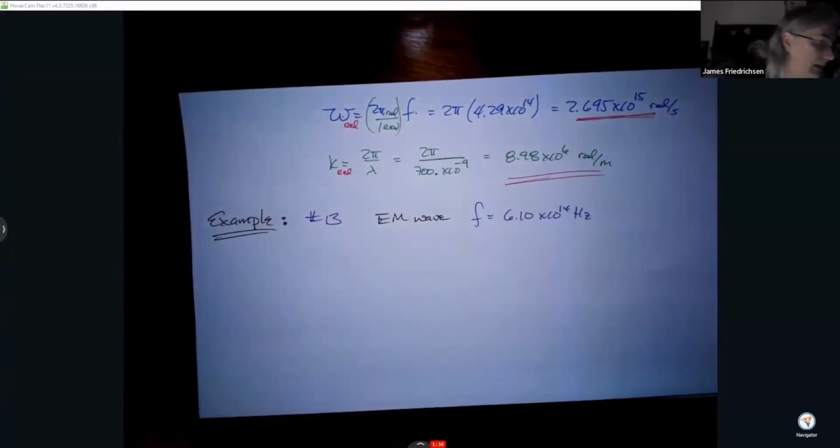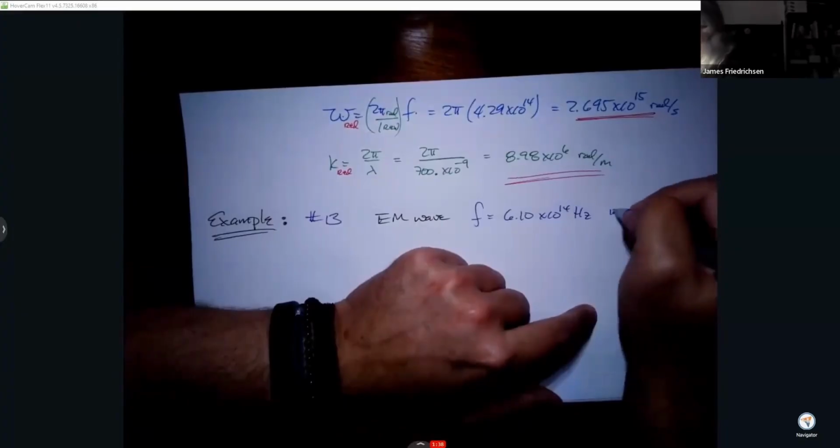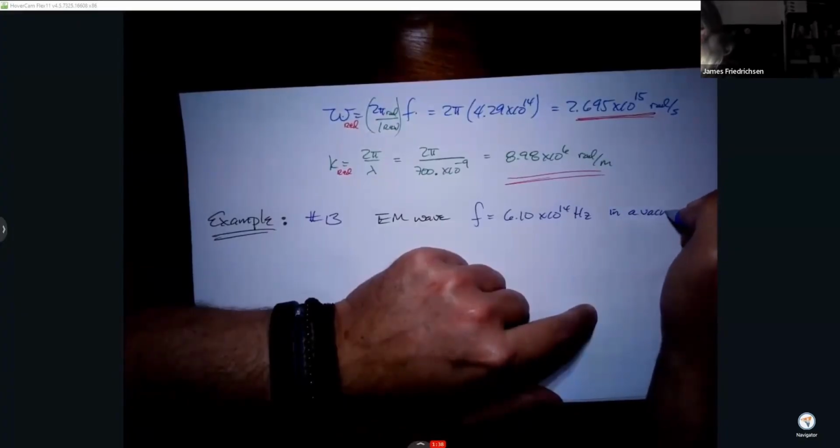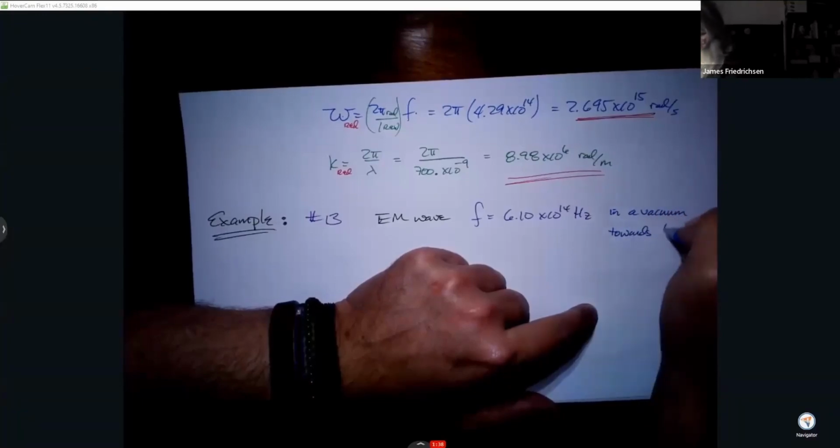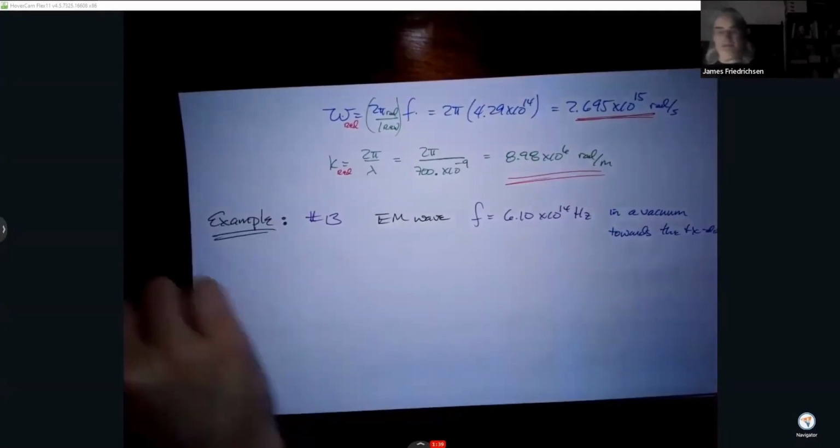Okay. It travels in a vacuum in the positive X direction. So this is in a vacuum. Positive X direction.